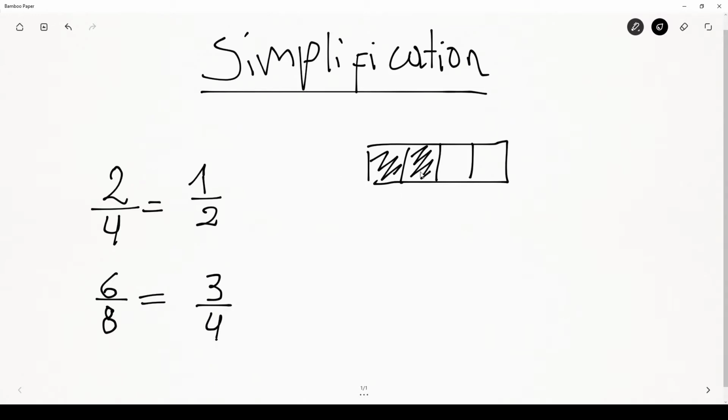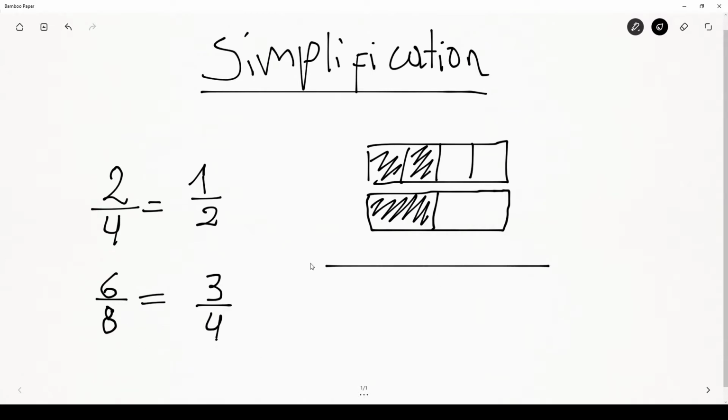This is 2 pieces out of 4 pieces, and this is half the piece. It's the same thing as dividing this whole piece in 2 equal pieces, and taking one out of those 2 pieces.